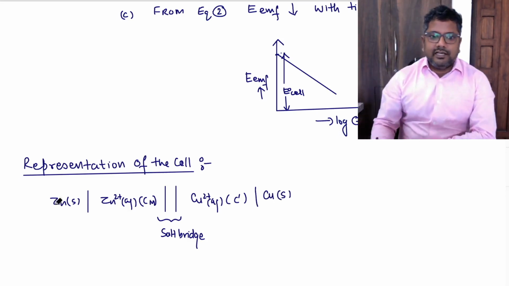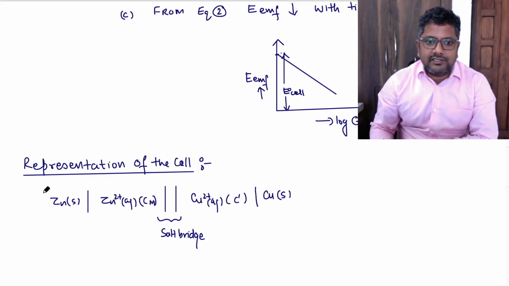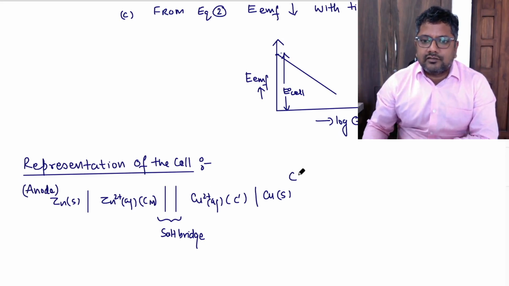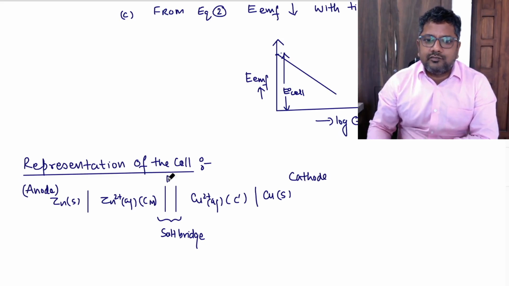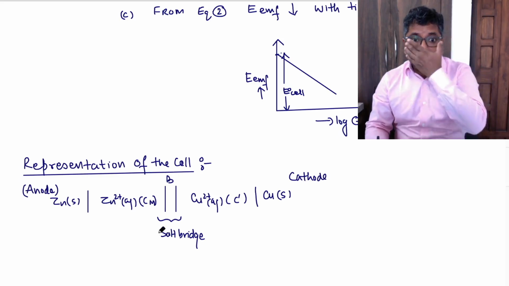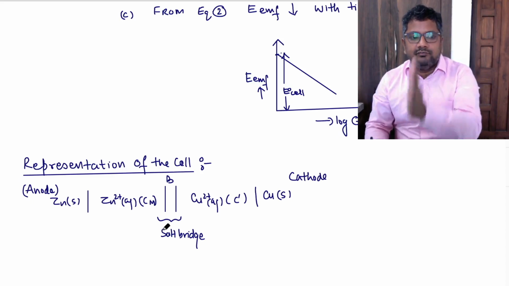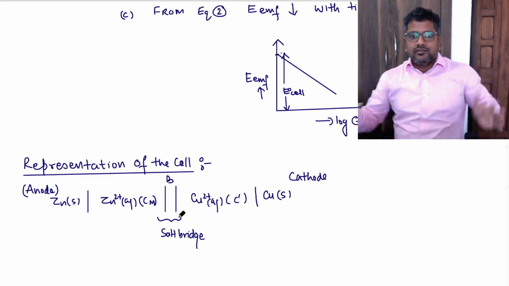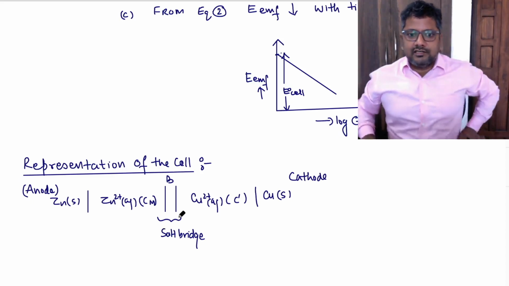So this is LHS and this is RHS. This is the anode and this is the cathode. And this is the bridge. So you can remember this as ABC: anode, bridge, cathode, right? So in this way you can represent the cell.